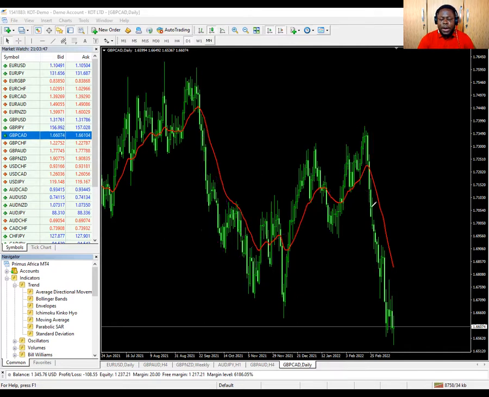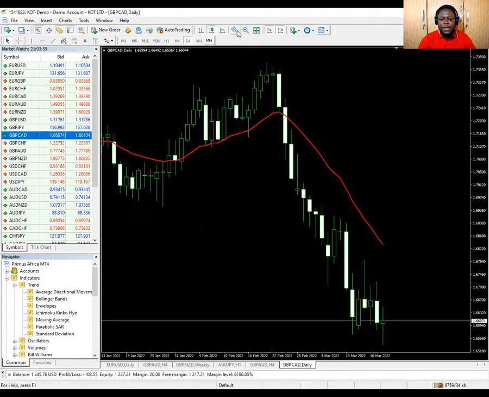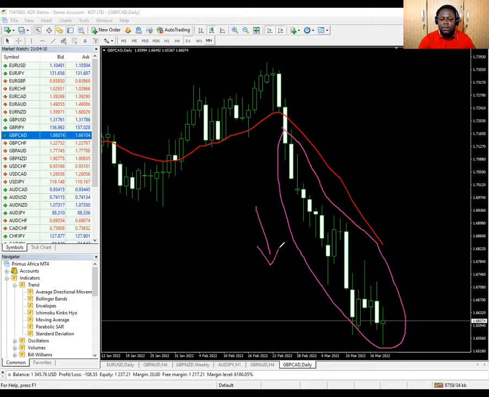Look at it here. The moving average is the red line here. If I zoom in, you will see that on the daily time frame, the candles are below the moving average. This means that the trend is what? A sell.